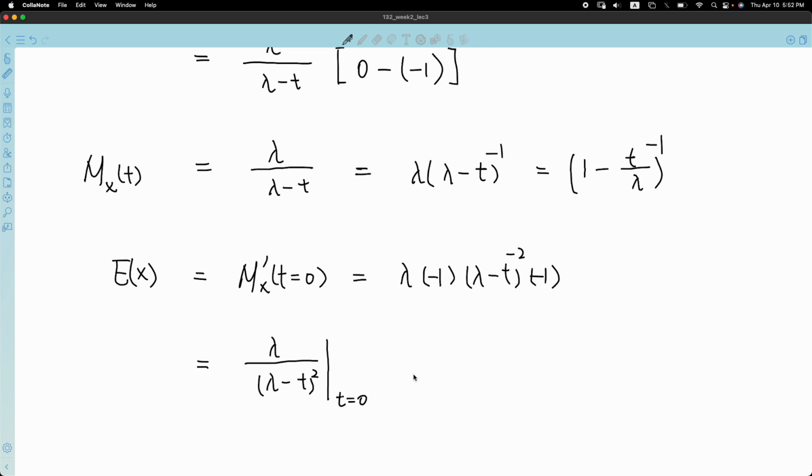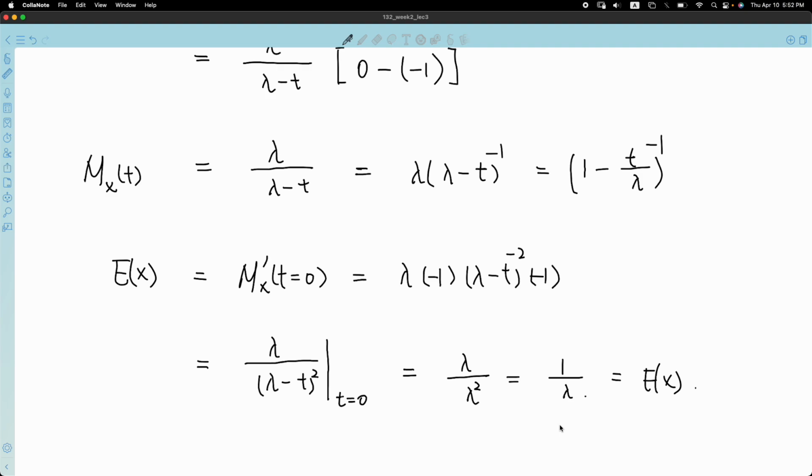So when we set t equal to 0, what does this equal to? Okay, let's say lambda over lambda squared for now, and then 1 over lambda, right? Okay, so this is what we derived in the previous lecture, right? So we have the same conclusion.